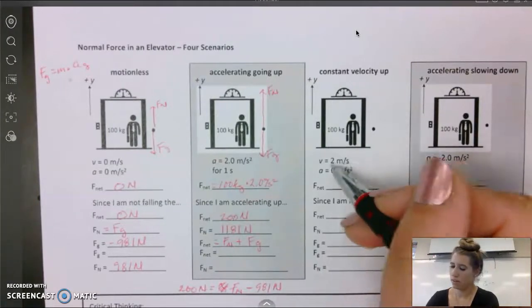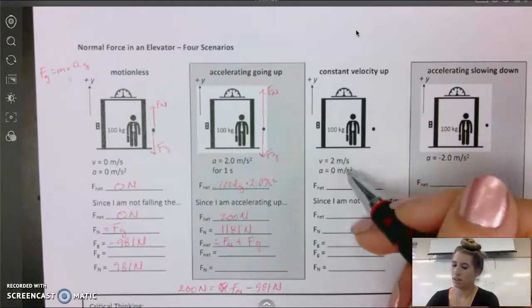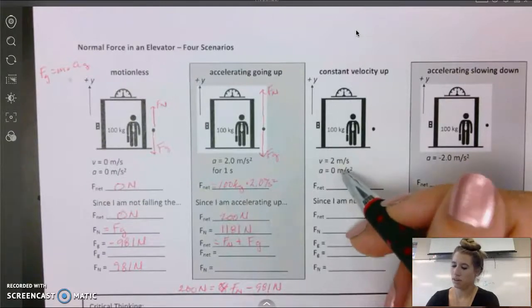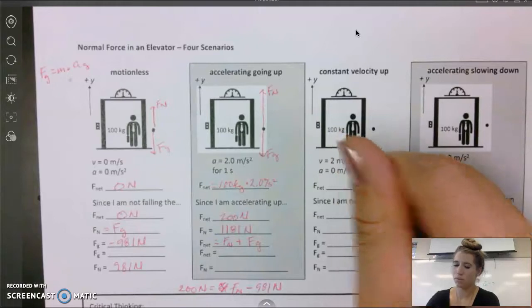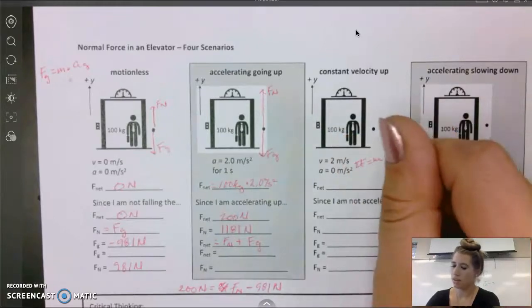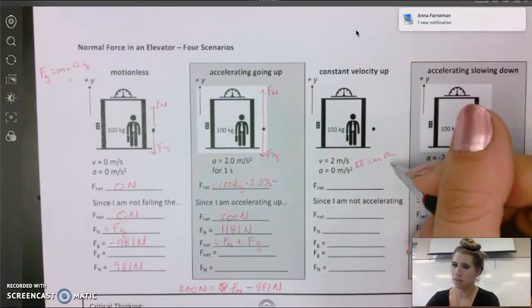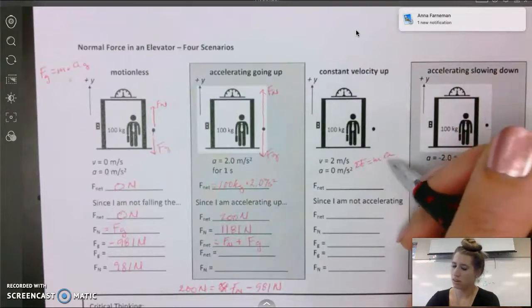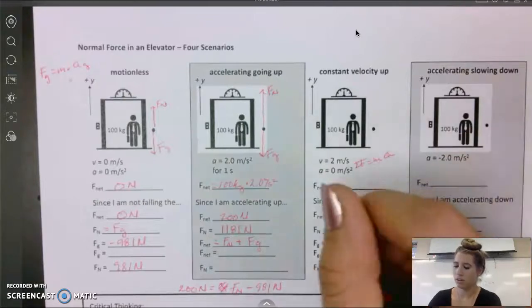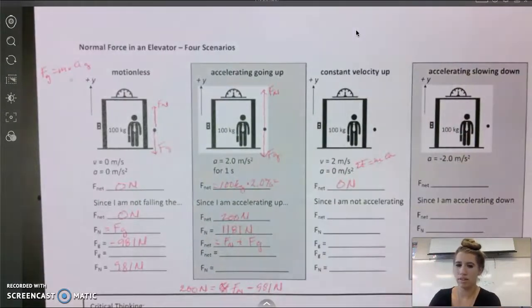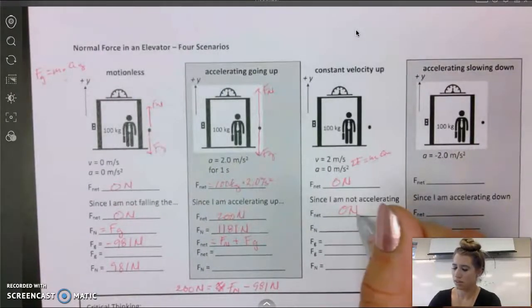we have a constant velocity, but we don't have an acceleration. So the sum of the force, or that net force, is mass times acceleration, but acceleration is 0. So here, 0 multiplied by anything is 0. Our net force is 0 newtons, because I'm not accelerating.